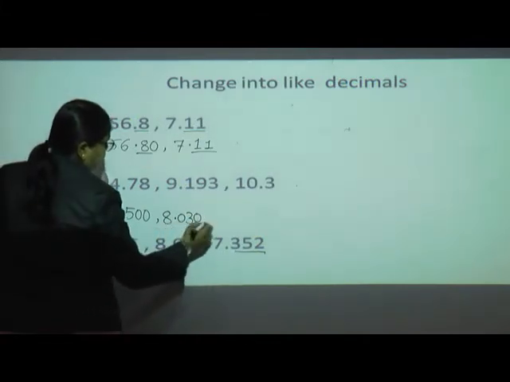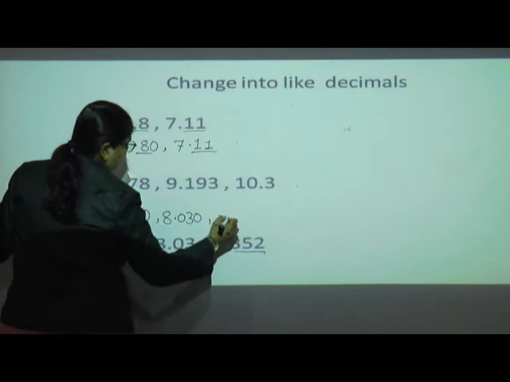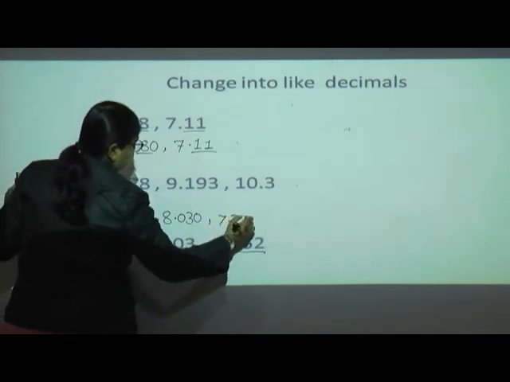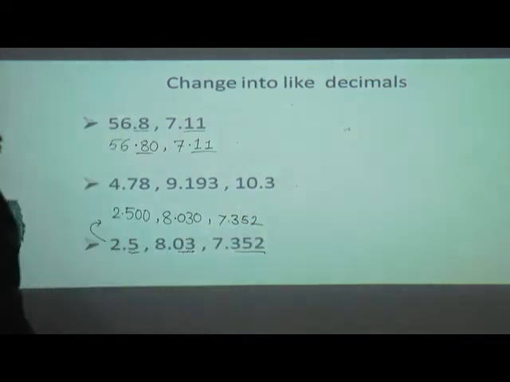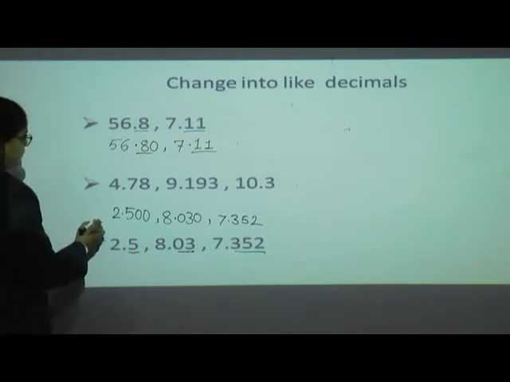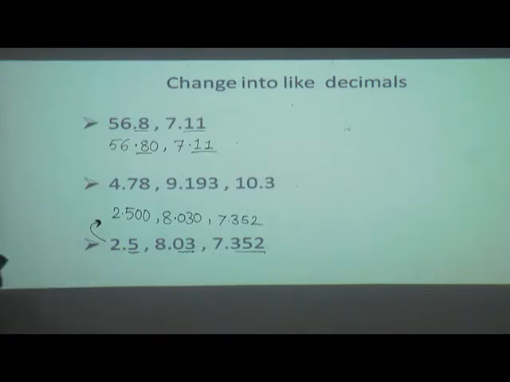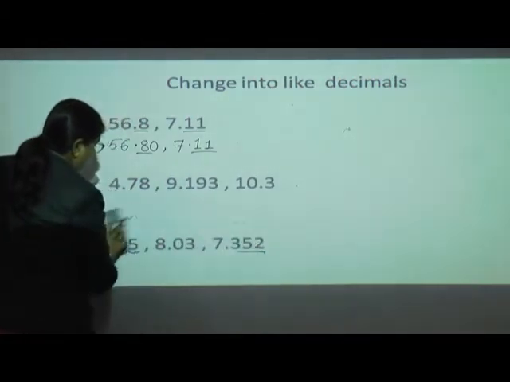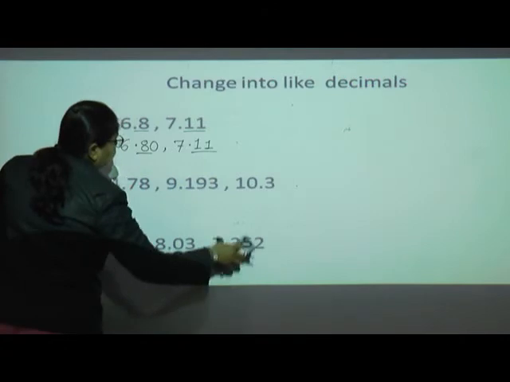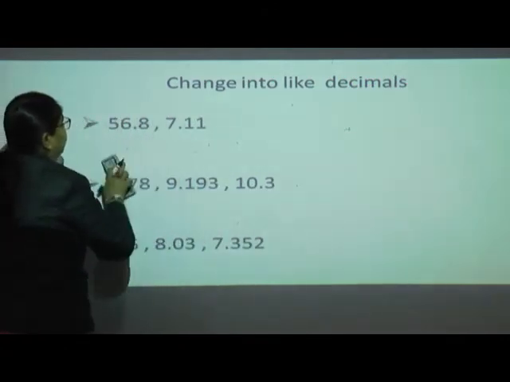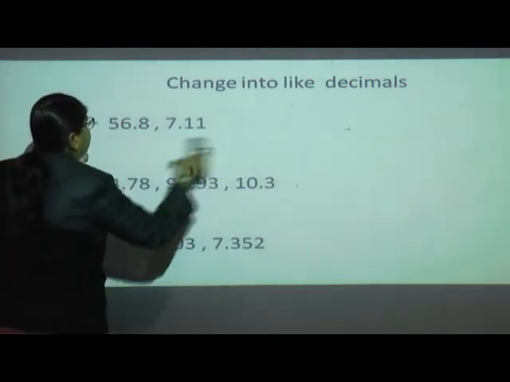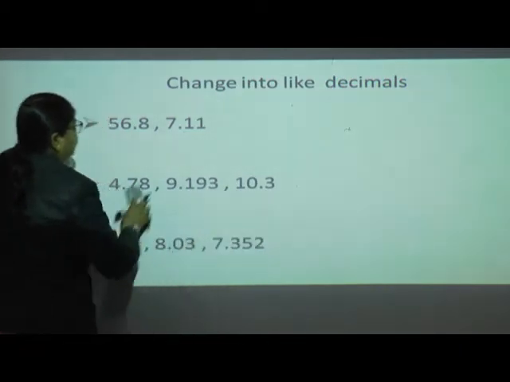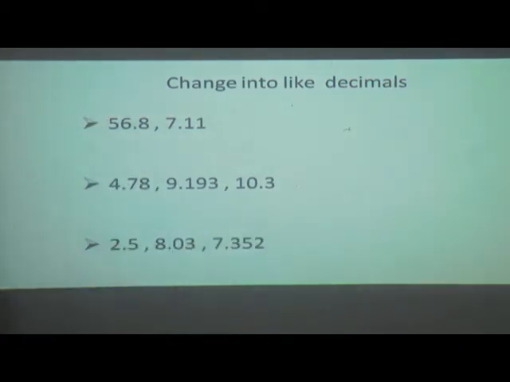So we had made it 3 and we will keep the number which is given as a decimal number, 352. So in this way we had written the answer of the given question, to change into like decimals, where the decimals were given in unlike form. We had made them into like decimals by a very shortcut method which will help you to write the direct answer.